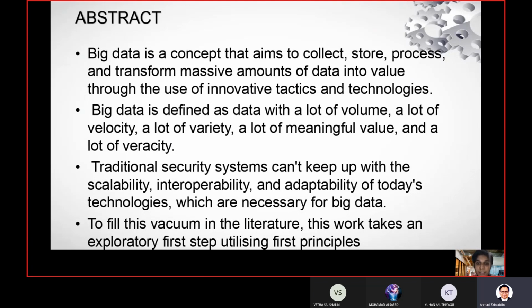Traditional security systems can't keep up with the scalability, interoperability, and adaptability of today's technologies, which are necessary for big data. To fill this vacuum in the literature, this work takes an exploratory first step.